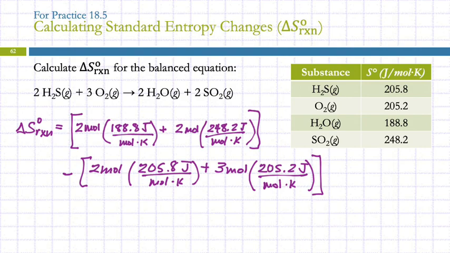I think the most common thing that happens when students get a problem like this wrong is that they typed it into their calculator wrong. So you gotta be careful. So 2 times 188.8 plus 2 times 248.2 minus the quantity 2 times 205.8 plus 3 times 205.2.